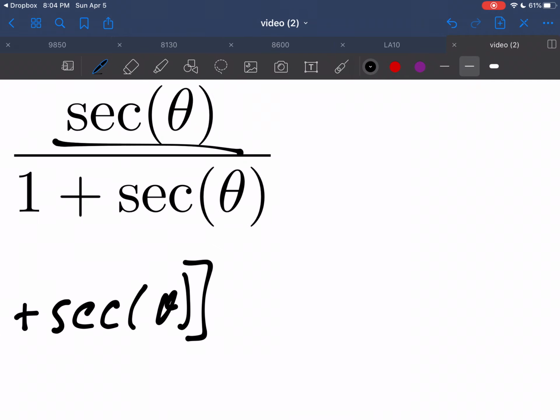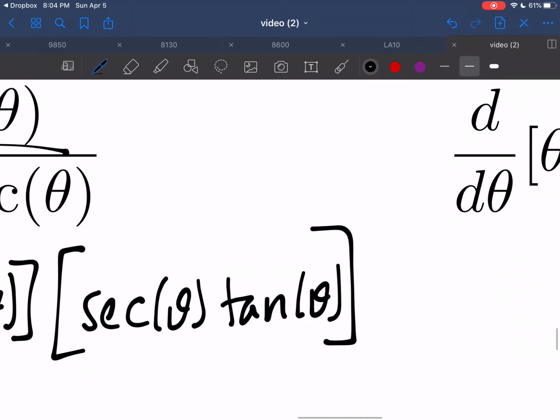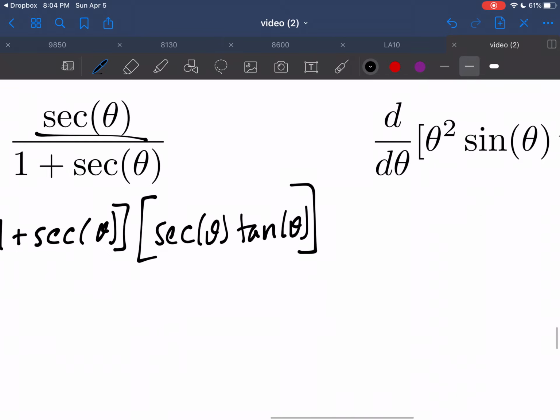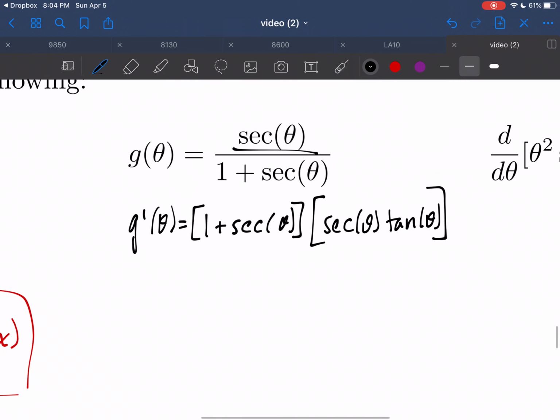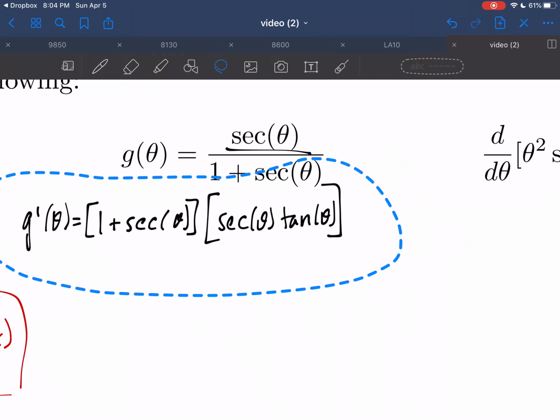We know the derivative of secant theta is secant theta times tangent theta. And I am going to run out of room. Let's move this over.